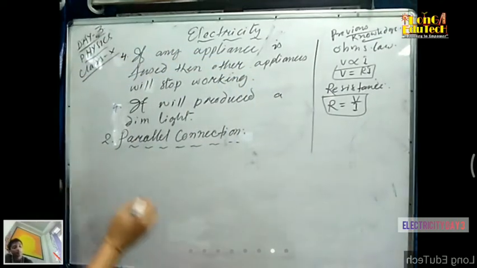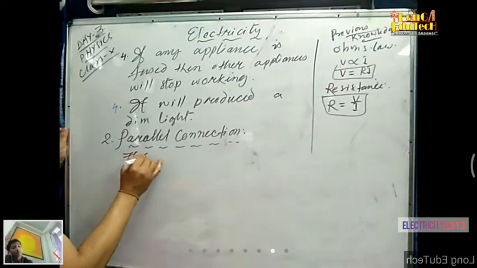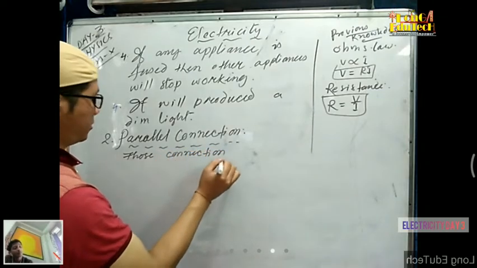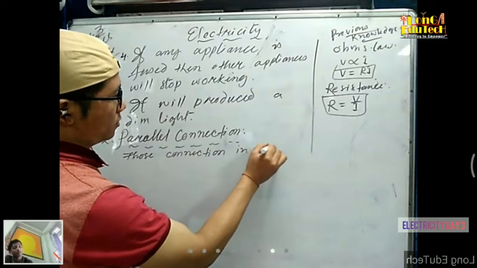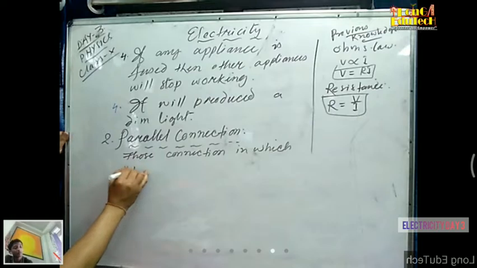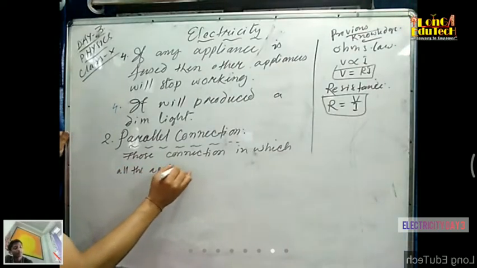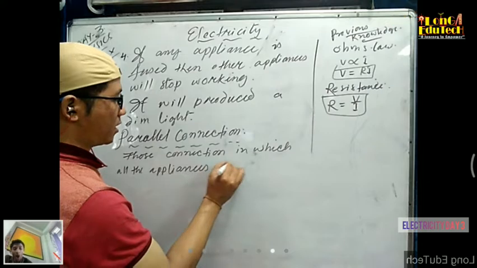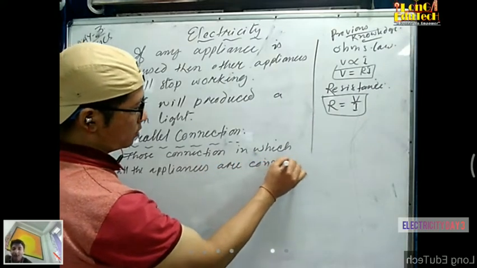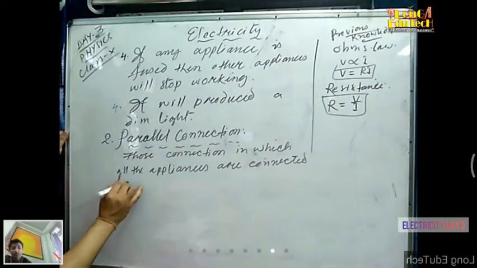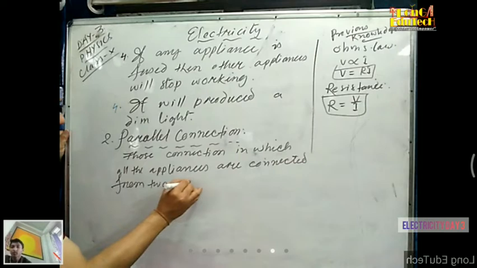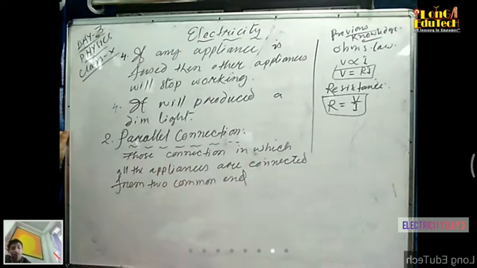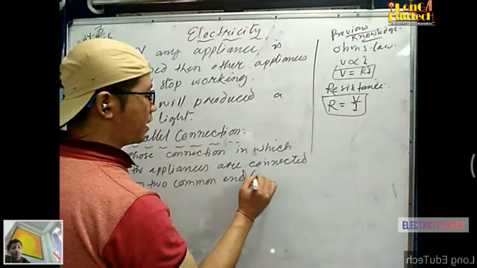Yeah. So here in the parallel connections, what will come here are those connections in which all the appliances or resistances are connected, so don't get confused, all the appliances are connected from two common ends, or two common terminals you can also say.